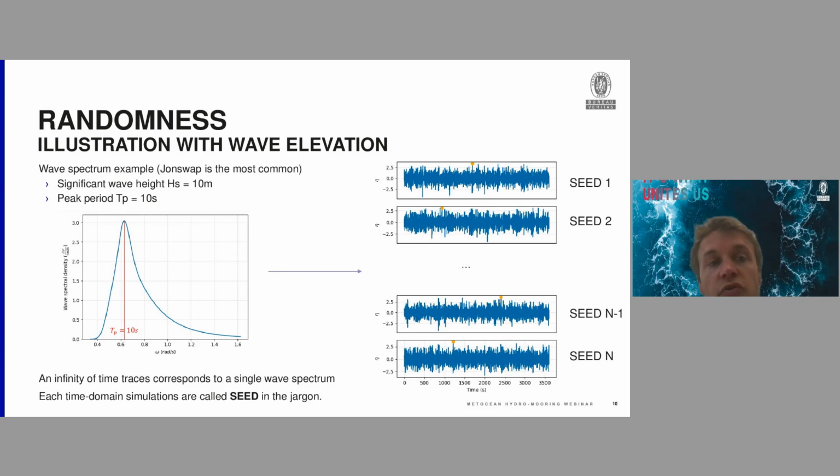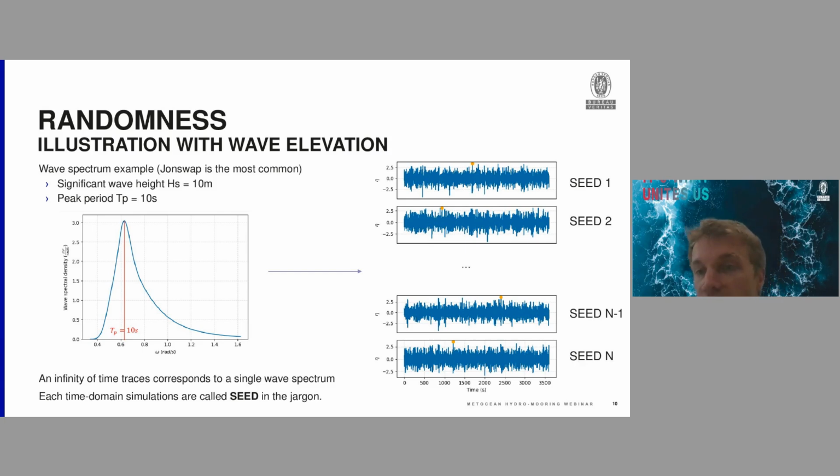But if you want to convert this wave spectrum to a particular time domain realization, there is an infinity of time traces that correspond to this single wave spectrum. On the right, you have 4 examples of realizations of this wave spectrum, and I've pinpointed the maximum for each of those simulations. And we see that the maximum across the simulations is not the same.